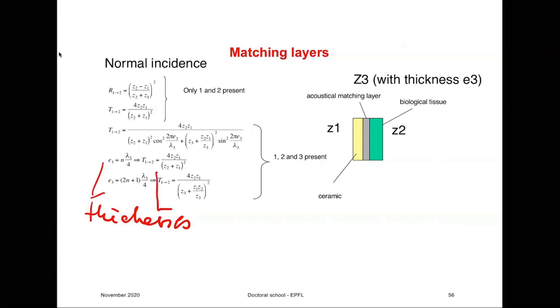So here is the thickness from 1 to 2 if you have a third layer, and this is from 1 to 2 if you have only two layers, and you can look a little bit into these relationships.